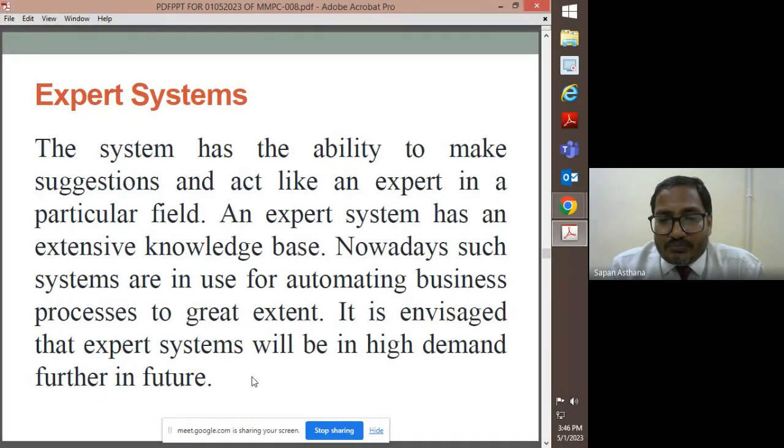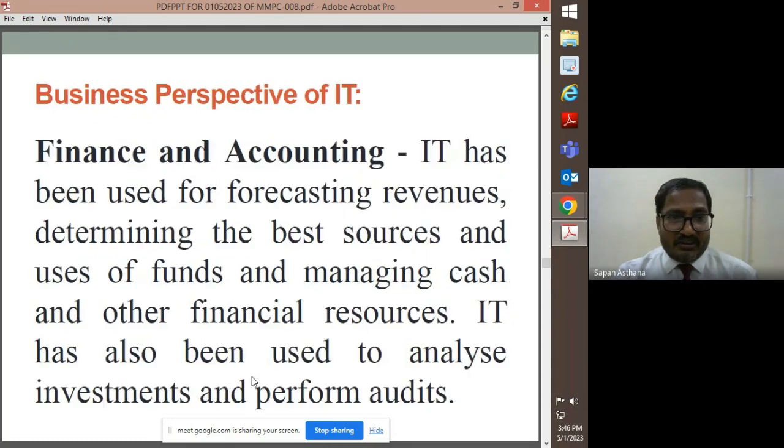It is envisaged that expert systems will be in high demand further in future. Definitely, such a type of system is also increasing in importance day by day.